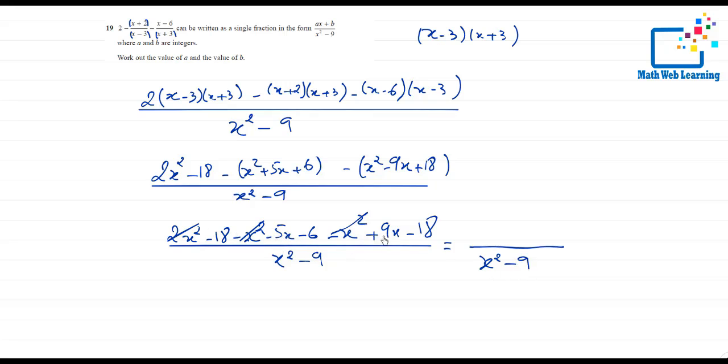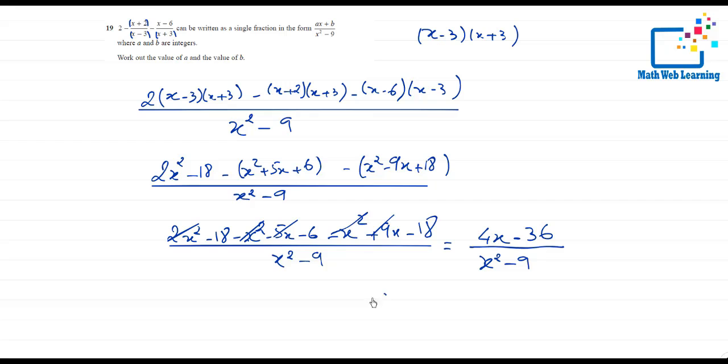We've got 9x and minus 5x. I think that's all we've got. 9x minus 5x, that's 4x. And then we've got minus 18 minus 18. That makes it minus 36. And that is your answer.